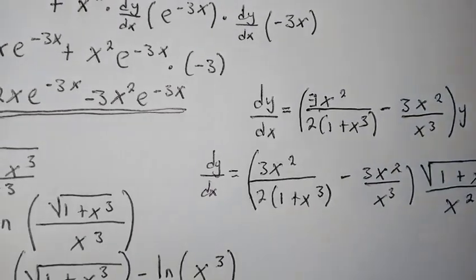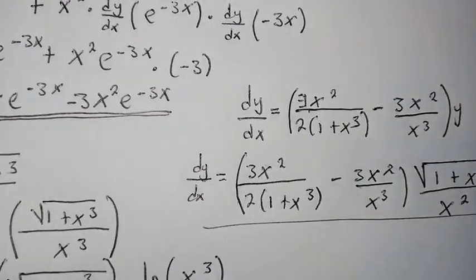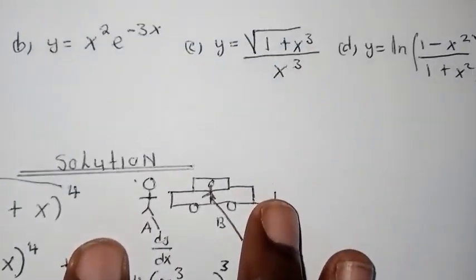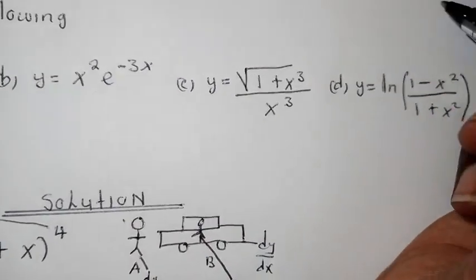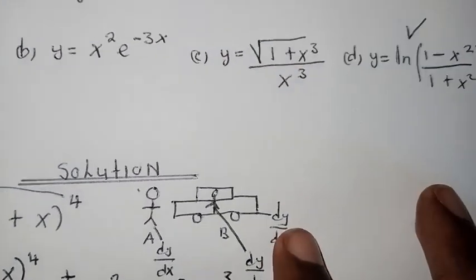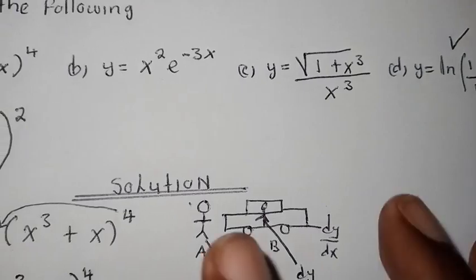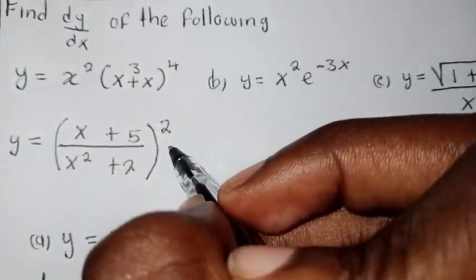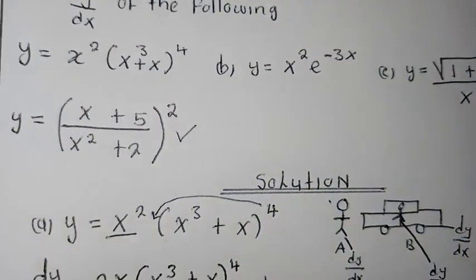This is how you differentiate this particular question. It's very simple. I want you to try this one, it's the same concept. You can also try the other one using the chain rule. Thank you so much.